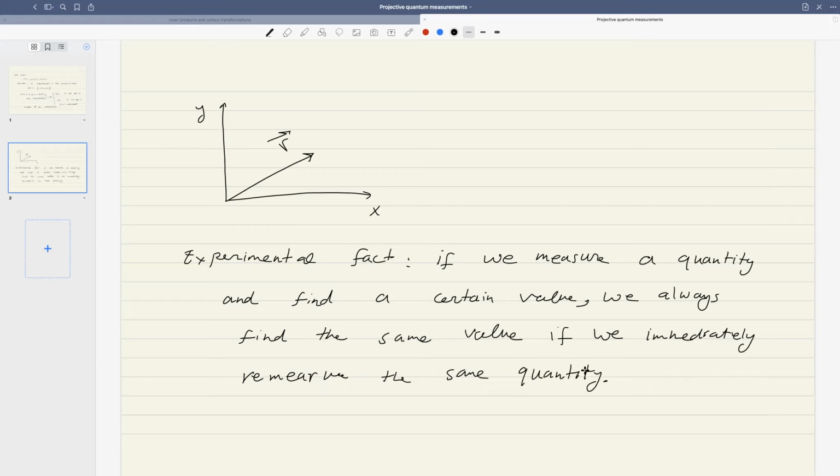So that's an important observation that allows us to generalize this idea to partial measurements in systems of multiple qubits.